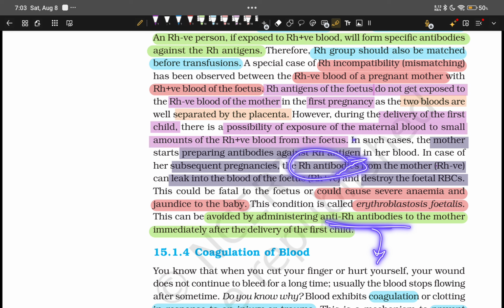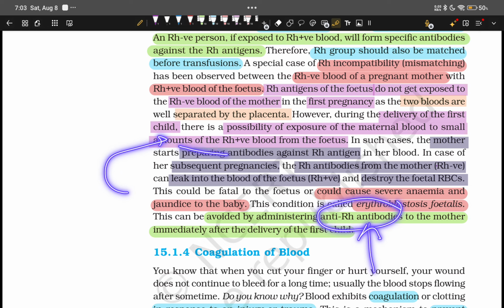So in that case it will have erythroblastosis fetalis. But if Rh antibodies are given to the mother artificially, then they will of course destroy the Rh-positive antigen given by the fetus when it was exposed.